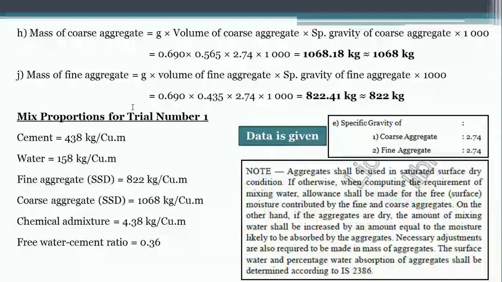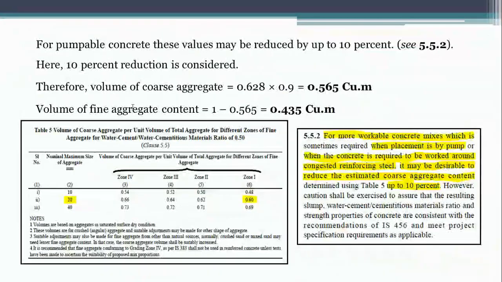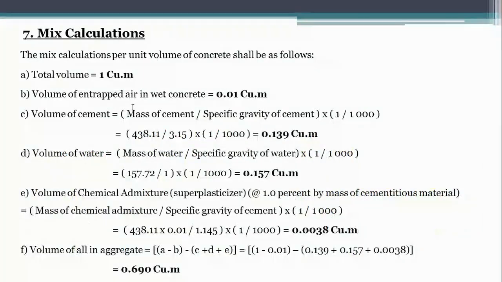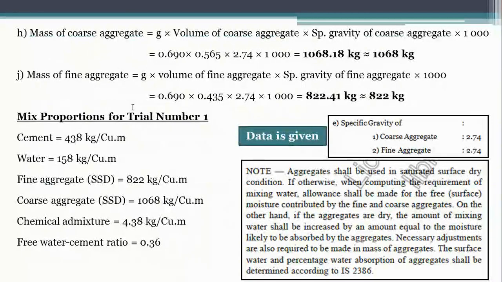The volume of all aggregate is 0.690 into the volume of coarse aggregate, 0.565, into the specific gravity of coarse aggregate, which is given in the test data. I have put a test data screenshot here of the question. For coarse aggregate it is 2.74 into 1000, you will get approximately 1068 kg.